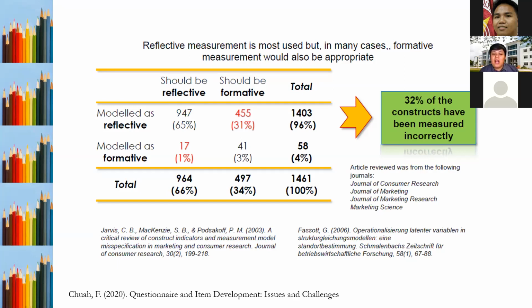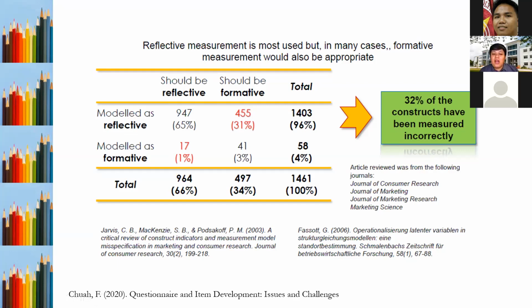Is it reflective or is it formative? For example, they modeled it as reflective, but it should be formative. Or they modeled it as formative, but it should be reflective.